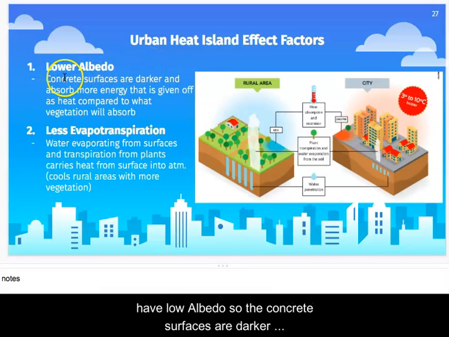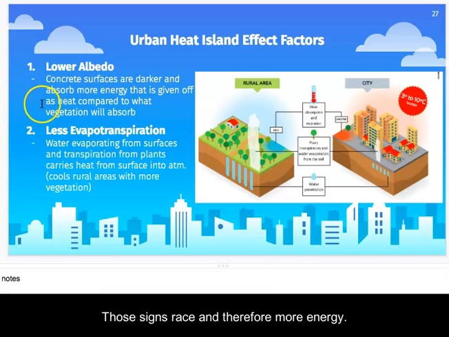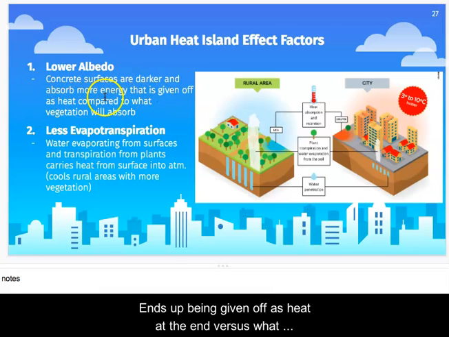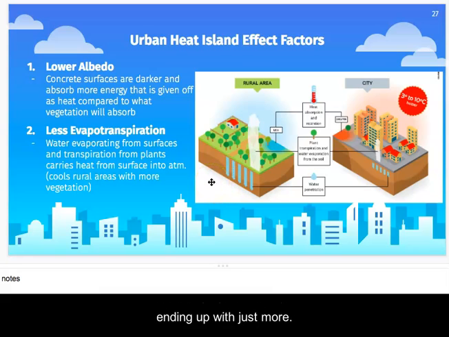But in city areas, you have low albedo, so the concrete surfaces are darker. Black absorbs. If you've ever worn a black t-shirt on a hot, sunny day, you get warmer faster because it absorbs the sun's rays, and therefore more energy ends up being given off as heat, versus what trees and other vegetation naturally absorb. So you end up with more trapped heat.